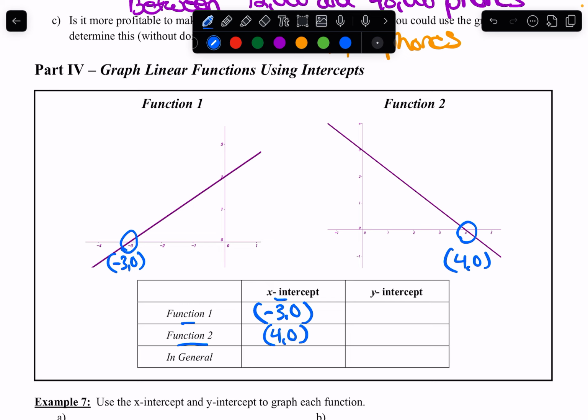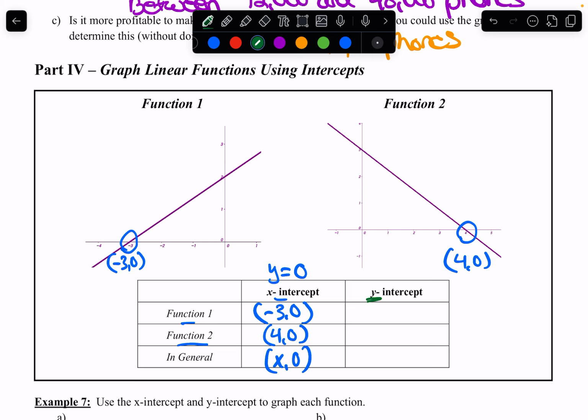If we look at both of these points, we can see that y is 0 in both of them. So in general, our x-intercept is (x, 0). Y is always 0 when we're looking at the x-intercept. What about the y-intercept?